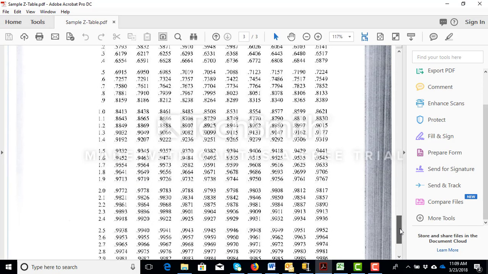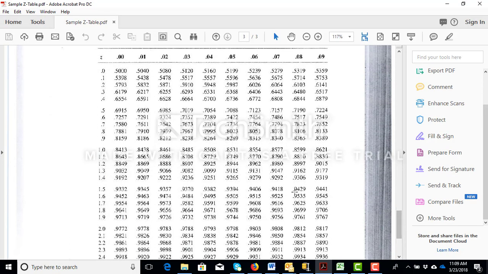Where is that? Here's 73%. Here's 74%. Somewhere in there, isn't it? So here, this is 0.67 z's. You see, 0.67 z's gets me 74.86%. 0.68 z's gets me something a little bit more than 75%.